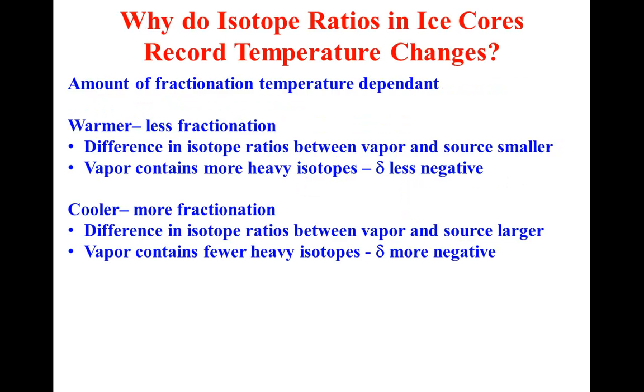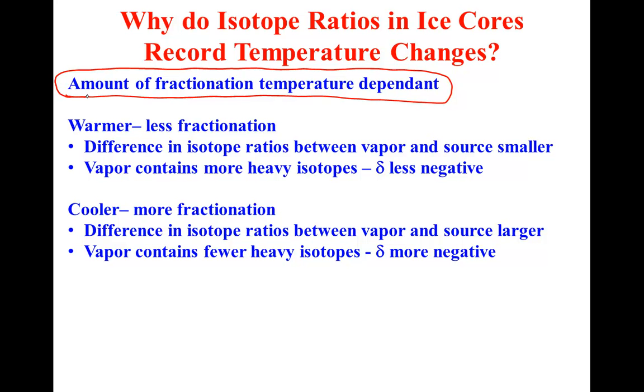But where does the temperature information come in? The light isotope's always easier to evaporate. The heavier isotope tends to remain in the water. But the amount of fractionation, in other words, how strongly the isotopes fractionate by mass, depends on the temperature. When it's warmer, the fractionation effect is weaker.